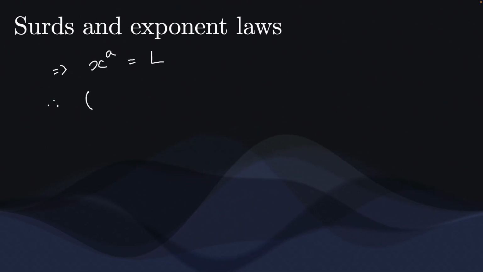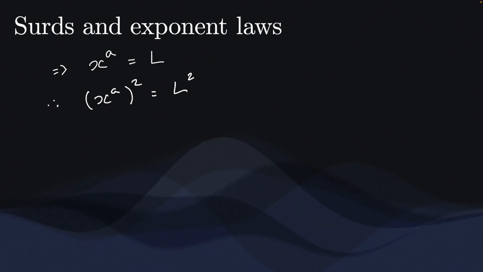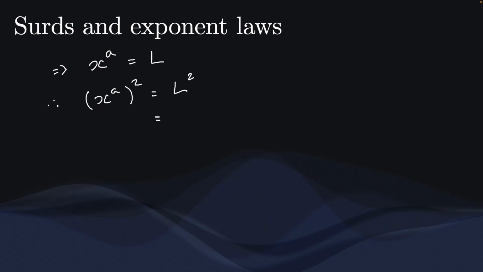So therefore, let's put in a bracket, x to the a, and we square that whole thing, which is equal to L squared, right? But what did we say that L was again? Well, we said that L was x to the a. So therefore, what we can then do is say that that's equal to x to the 2a.